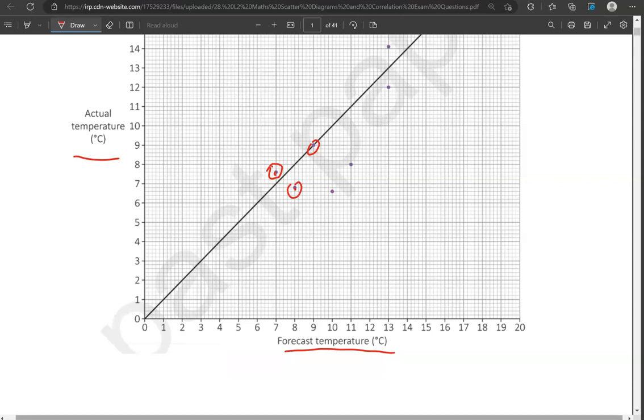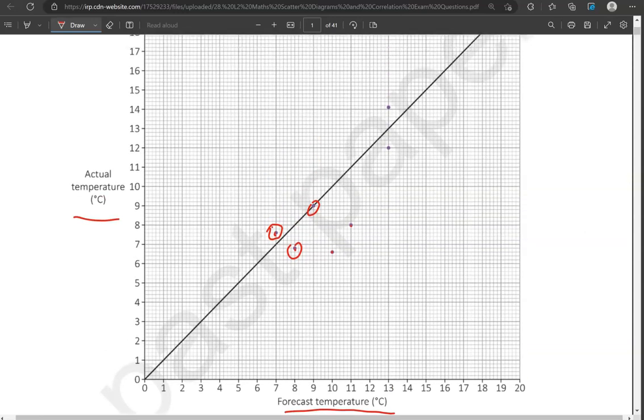Looking at this, forecast at 10 degrees and it was at 6.5. So that's not accurate. This one, forecast at 11, but it was actually 8. So again, that's not accurate. This one, forecast 13 degrees, but in reality it was 12.